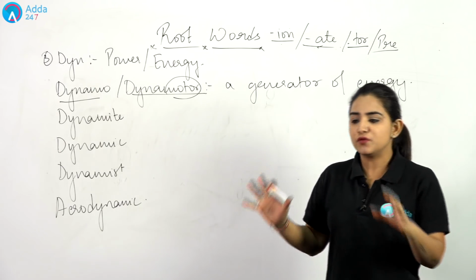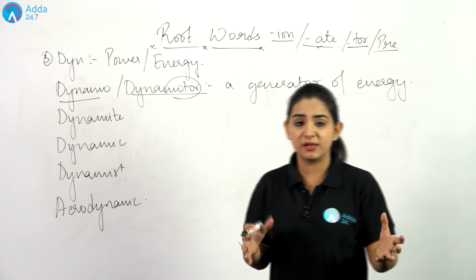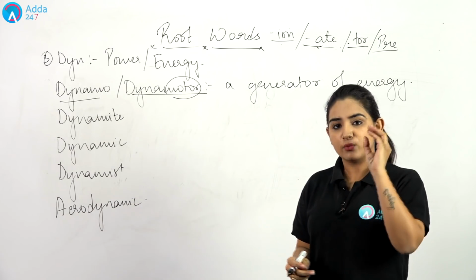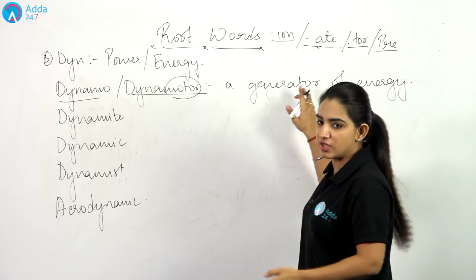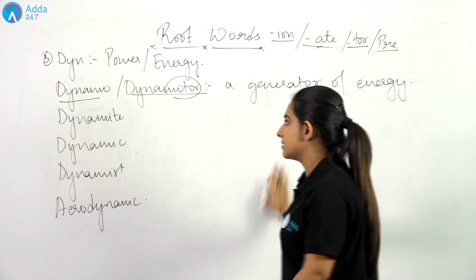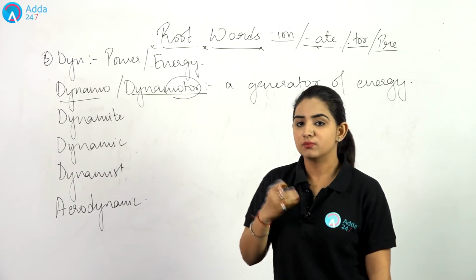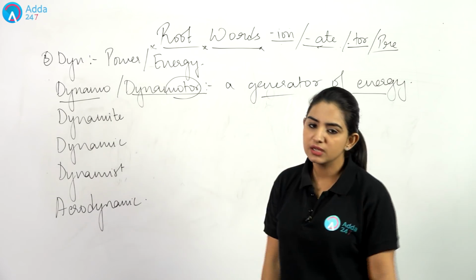For example, if you do not get proper water supply at your place, you place a motor there, right? And with that motor, force of energy is generated, and through that you get a proper water supply. And that is what we mean by dynamo or dynamotor, a generator of energy which will help you out in different things.